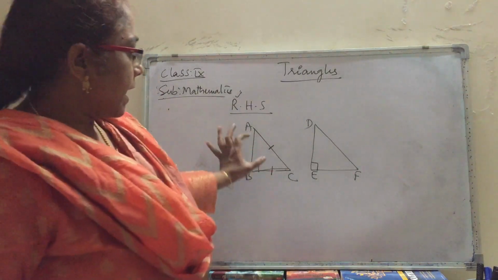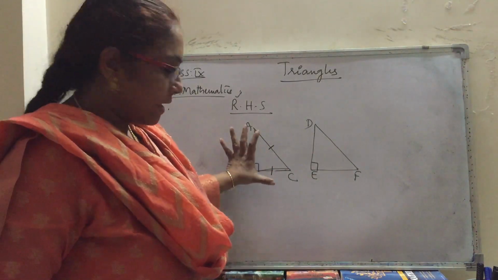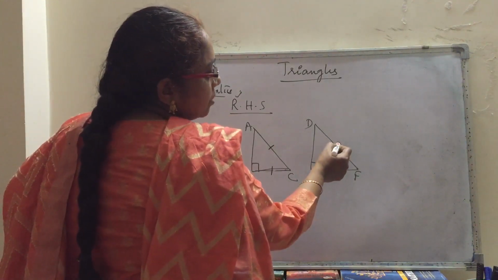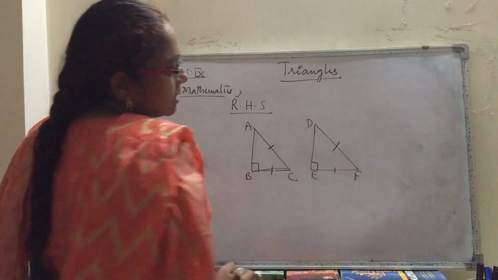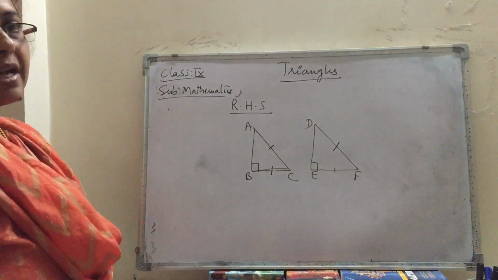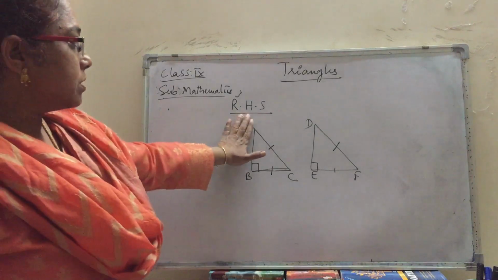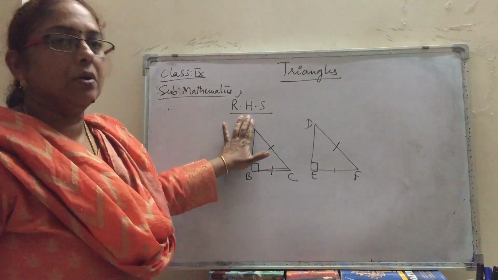In two right angle triangles, if the hypotenuse and one side of a triangle are respectively equal to the hypotenuse and one side of the other triangle, then these two triangles are congruent by this RHS congruency rule.